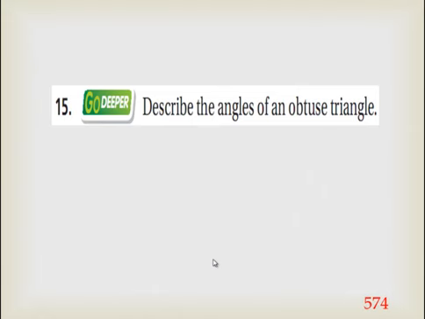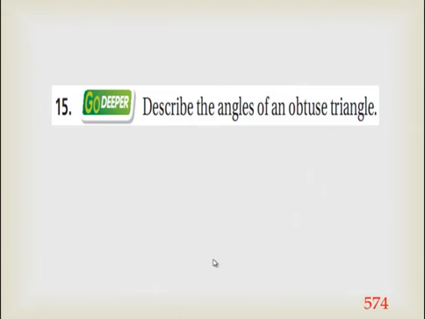Describe the angles of an obtuse triangle. He wants you to describe all angles in an obtuse triangle. Can you imagine an obtuse triangle? Yes. An obtuse triangle has only one obtuse angle and two acute angles.